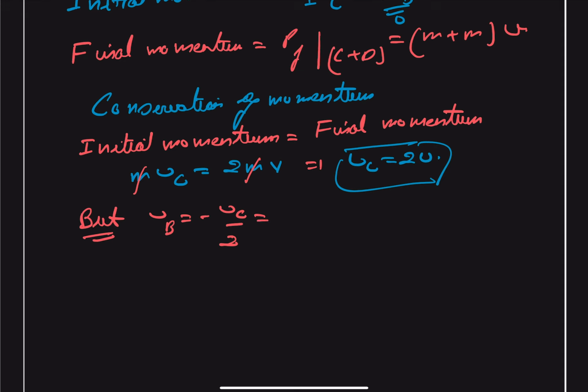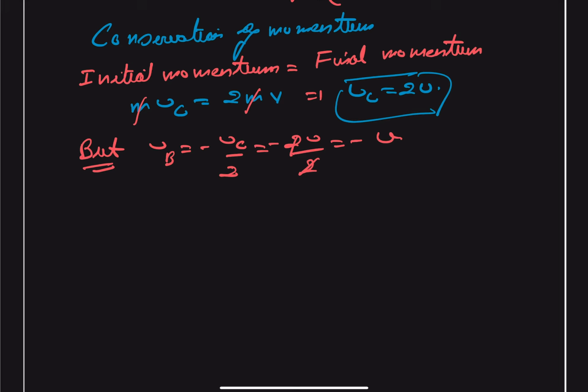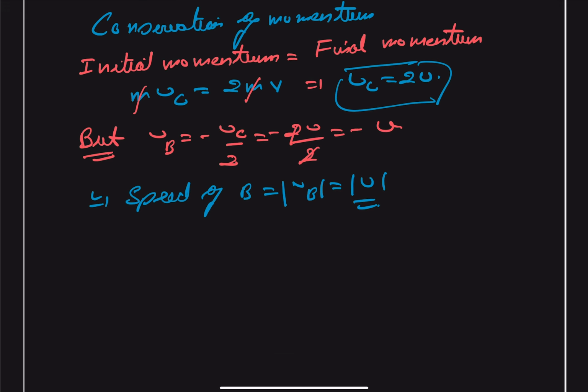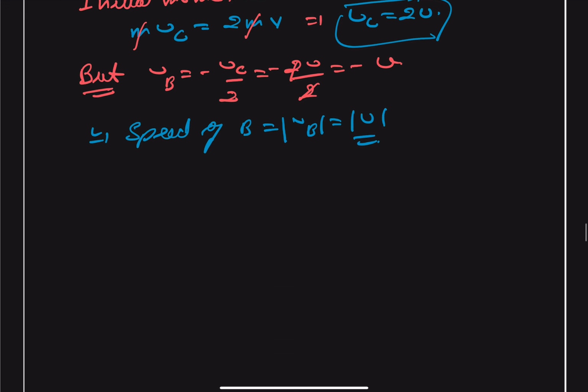We substitute it here, we get minus 2V divided by 2, and this comes as minus V. So in magnitude, the speed of B will be equal to V, and the negative sign only indicates the opposite direction.